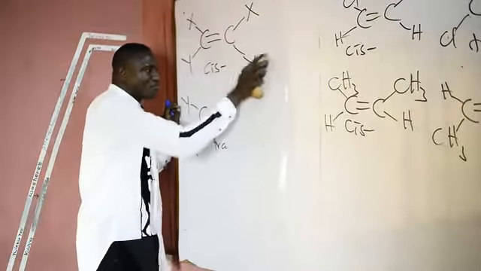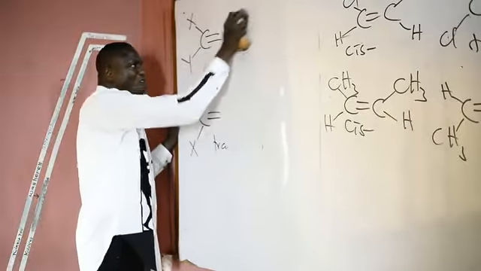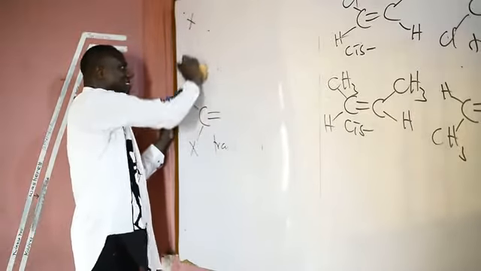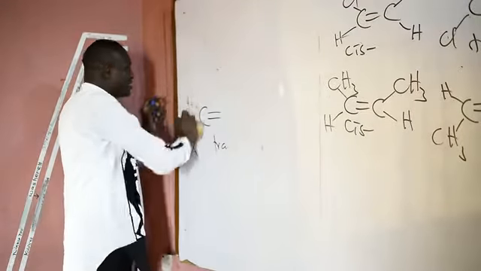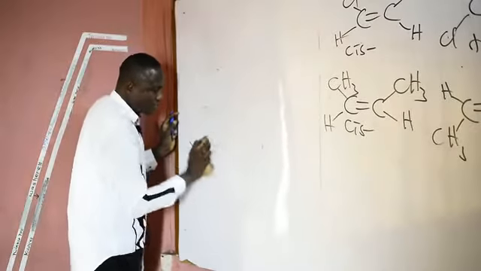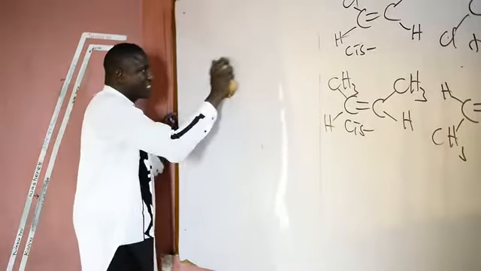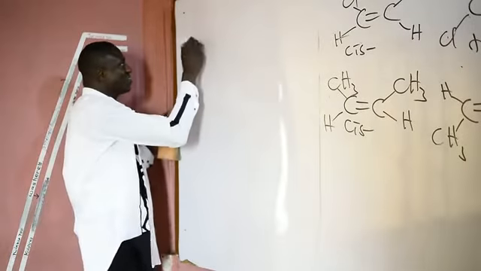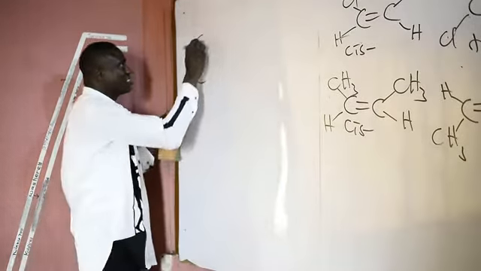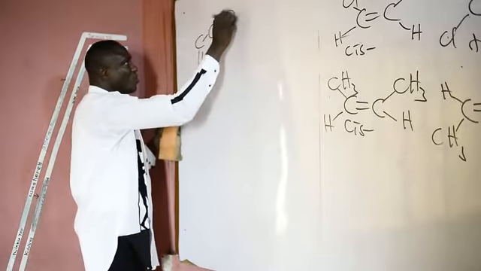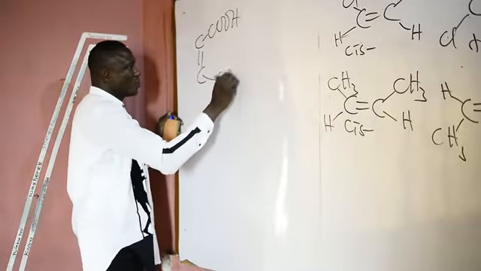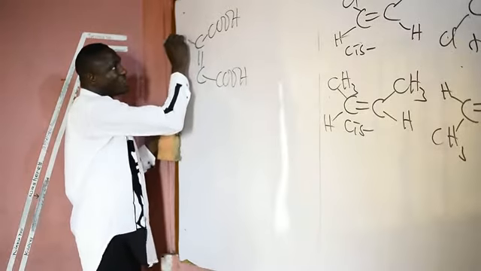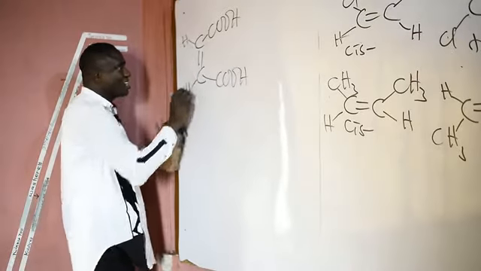We also have, in nature, what we call maleic and fumaric acids. These two acids are geometric isomers of each other. One is in cis form, while the other is in trans form. If you look at this, you have something like this: C double bond C, COOH, COOH, then hydrogen, hydrogen.